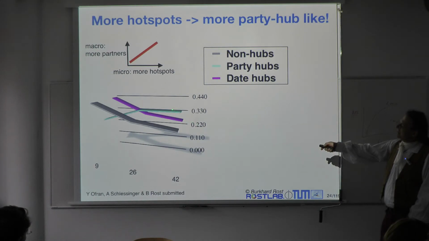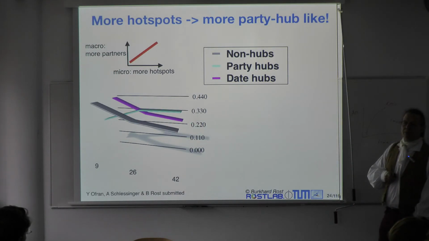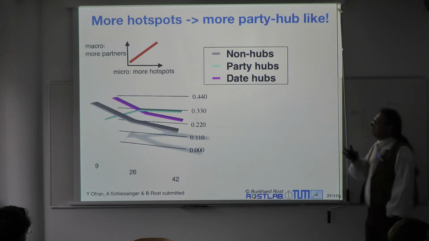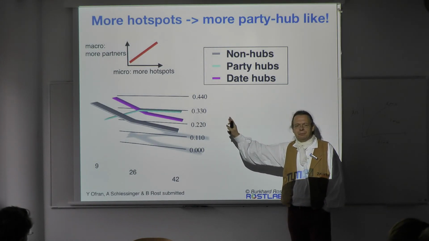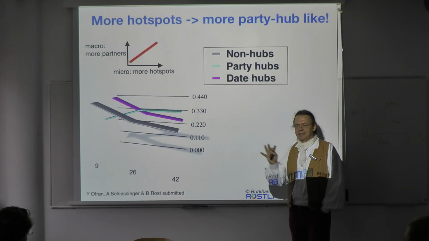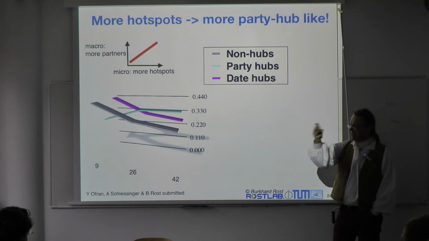And in fact, this is exactly what we observe as a tendency here. So that's the curve for party hubs, that's the curve for date, and that's the curve for non-hubs. So in principle, okay, these curves are very coarse-grained. There's a lot of noise, prediction mistakes.